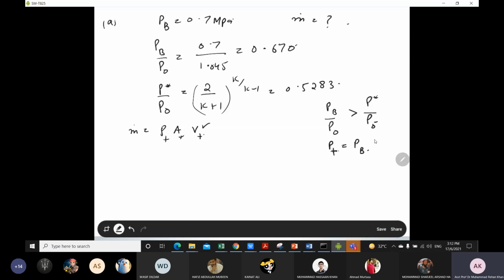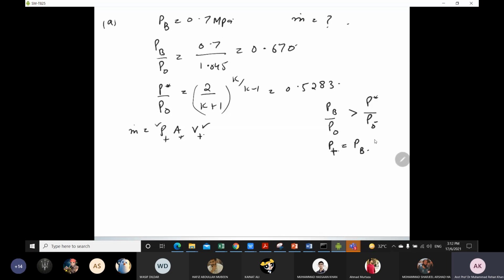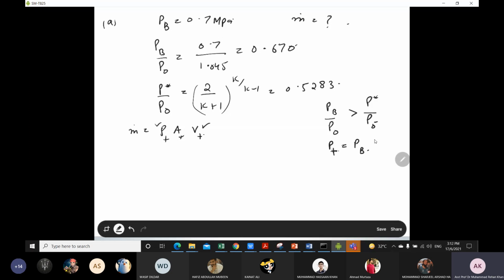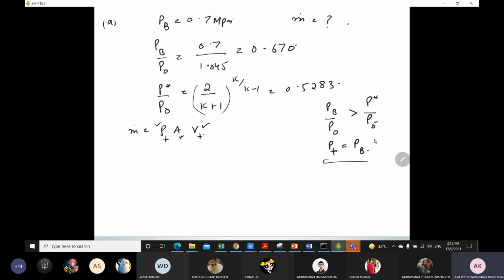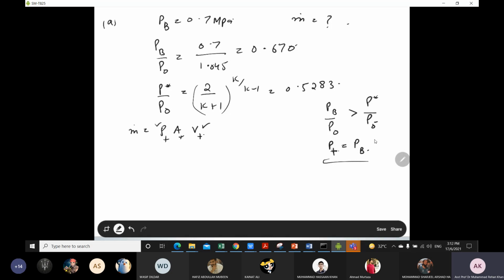Also we do not have the value of rho at throat, because to find rho at throat we need the pressure at throat. Pressure at throat is PB, but temperature at throat we still have to find. Once temperature and pressure at throat are known, rho at throat we can easily find.